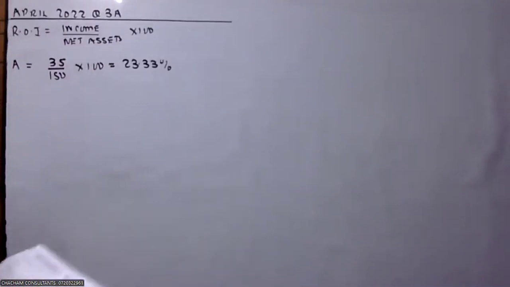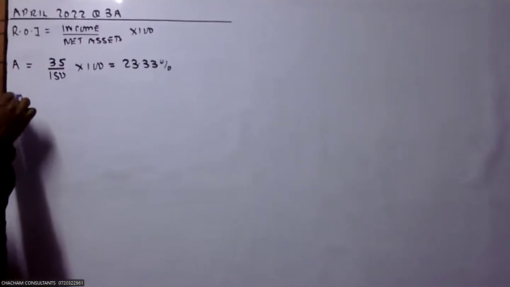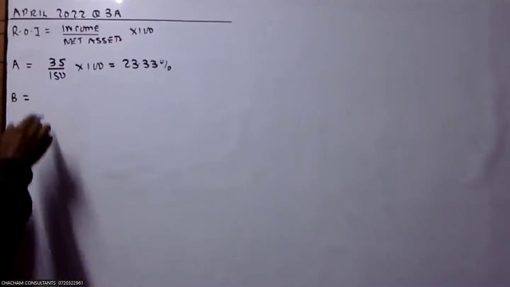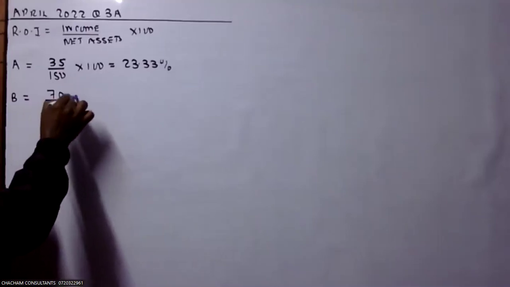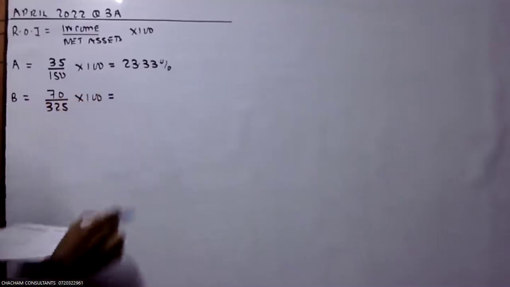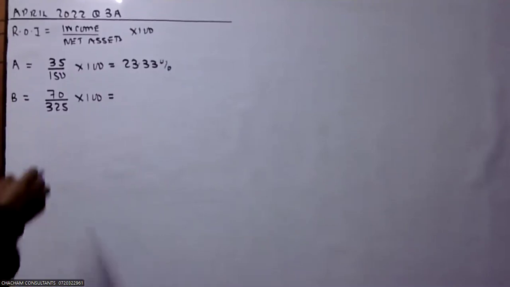I had said you now get for division B, which is having 70 against 325. Tell me what is there. 21.54%.